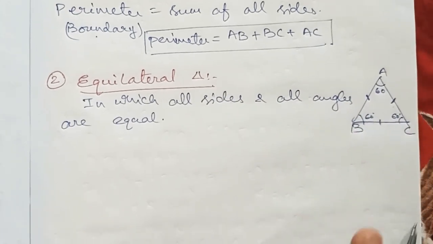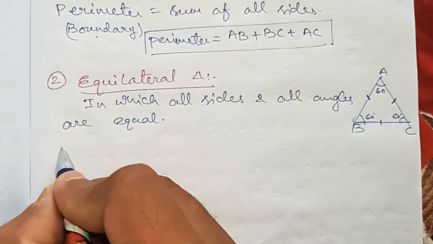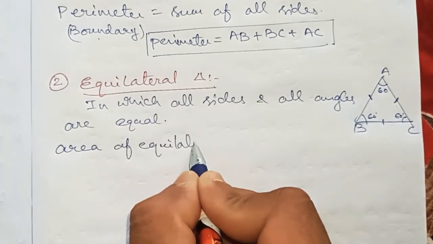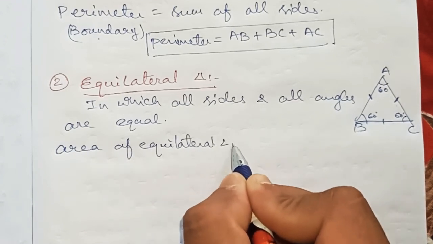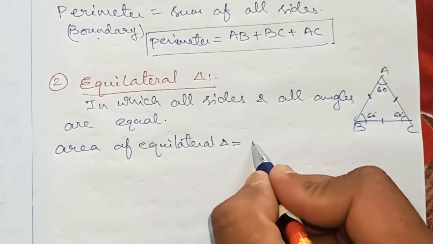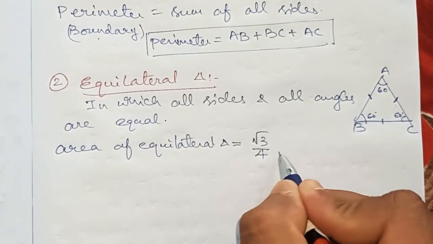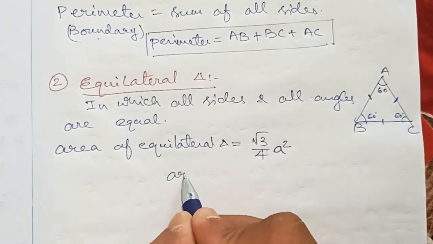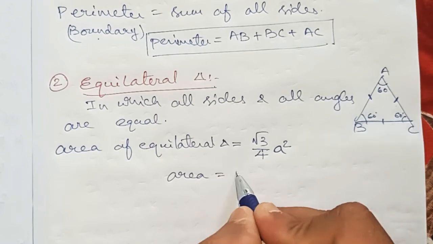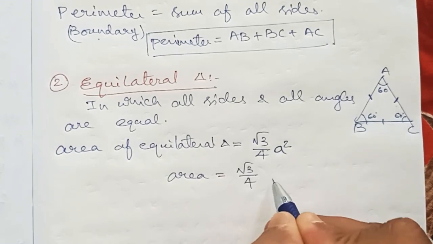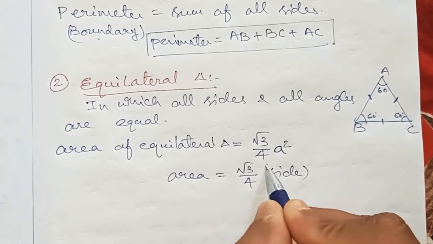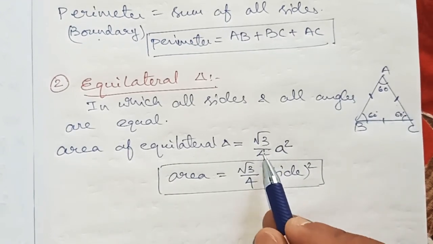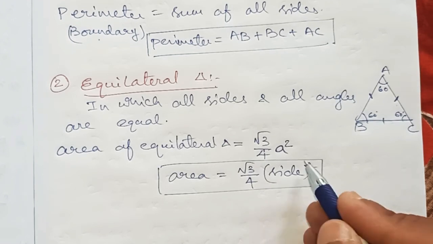So the area of an equilateral triangle is, remember, root 3 by 4 a square, or area equals root 3 by 4 side square.